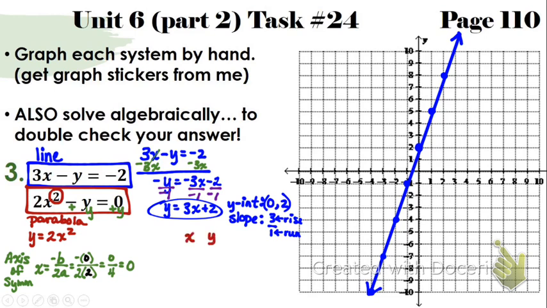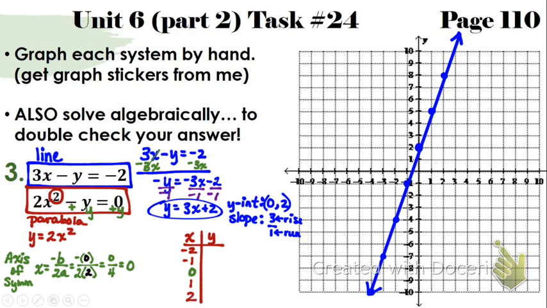So when I go to make my table so that I can get a couple of points on here, 0 goes here. I want to pick some x's that come before it and some x's that come after it. What comes before 0? Negative 1, negative 2, and then positive 1, positive 2.